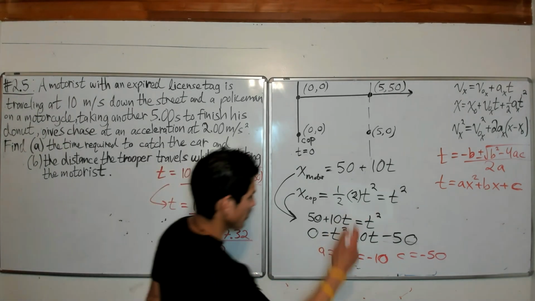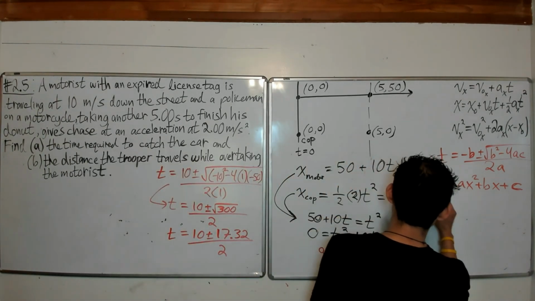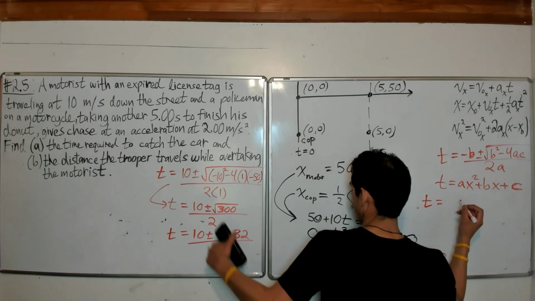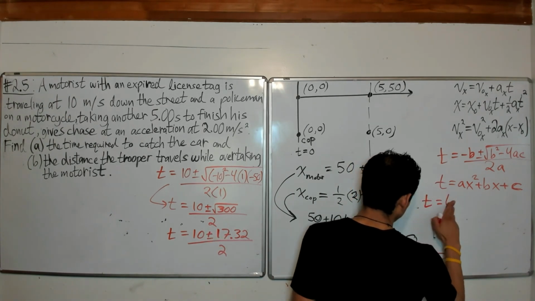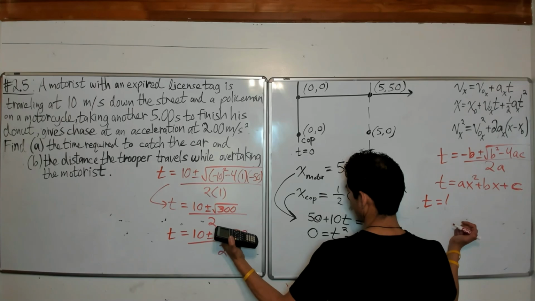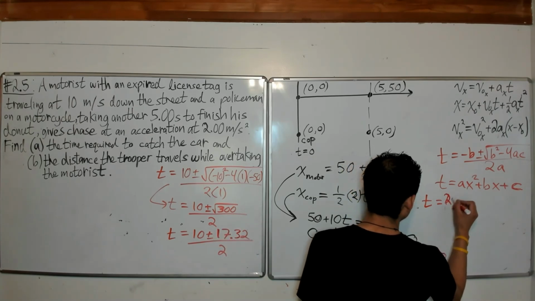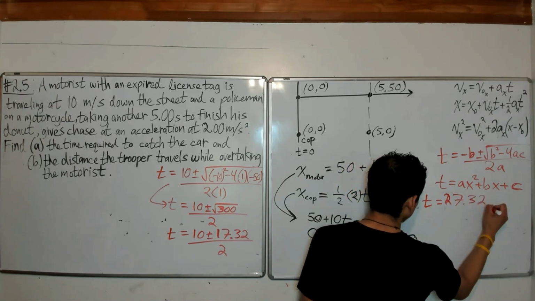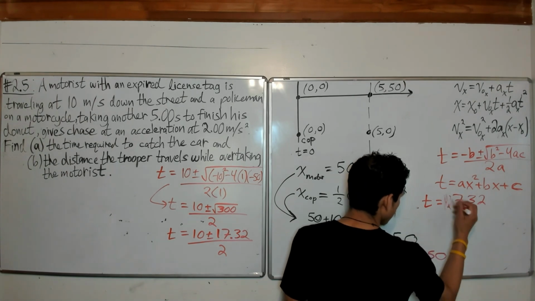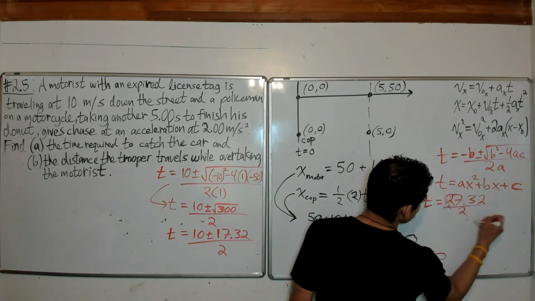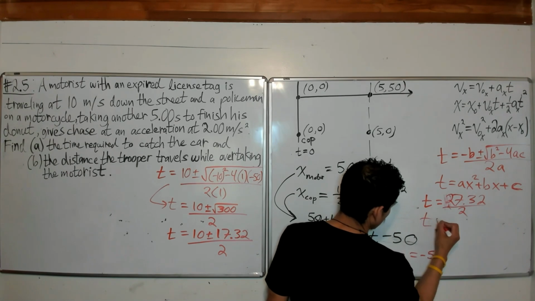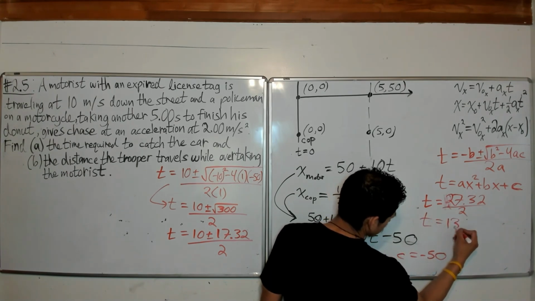T equals 10 plus 17.32, which is 27.32 over 2. And that'll give you 13.66.